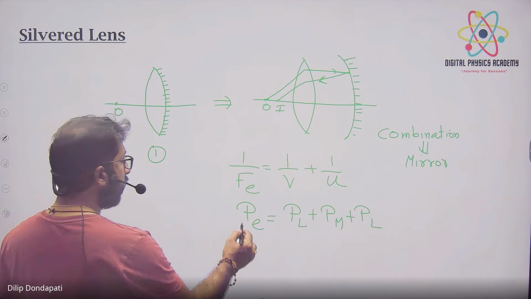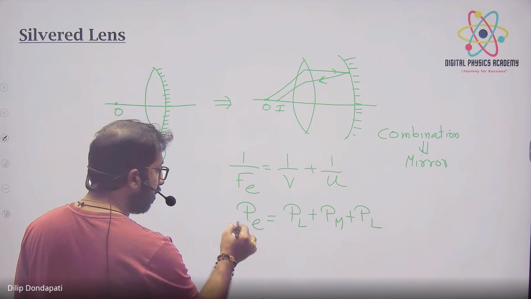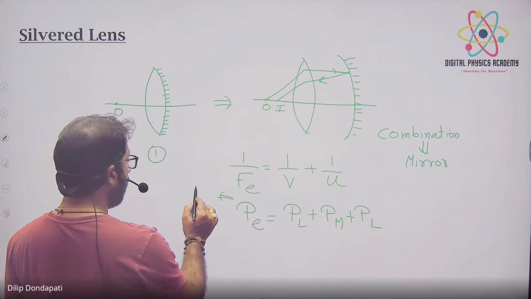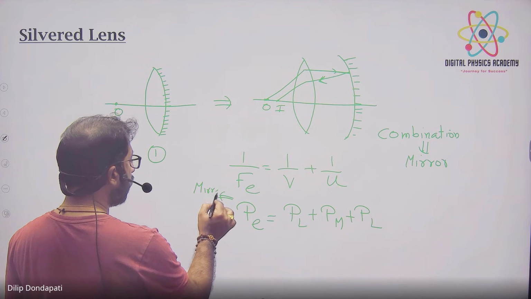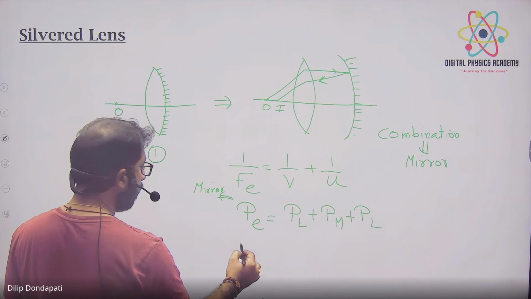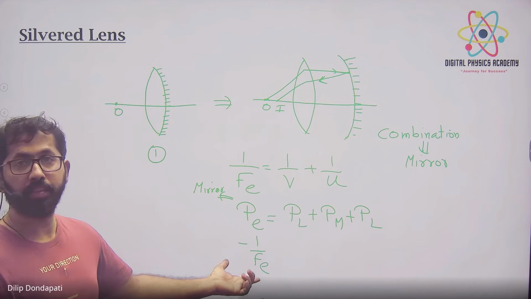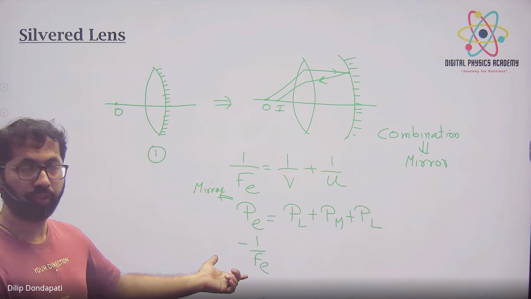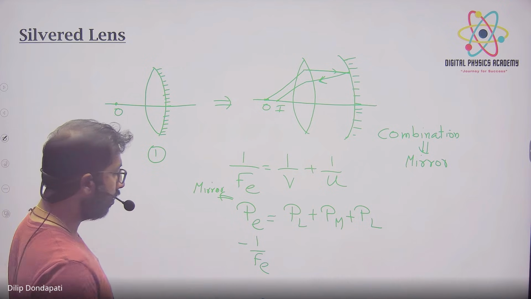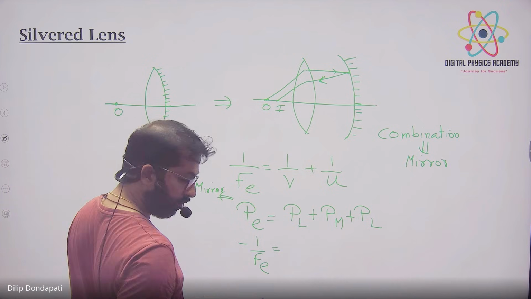And you know, P equivalent is nothing but for mirror, this is acting like a mirror, right? Mirror का फॉर्मूला क्या है in terms of focal length? Minus 1 by f equivalent.